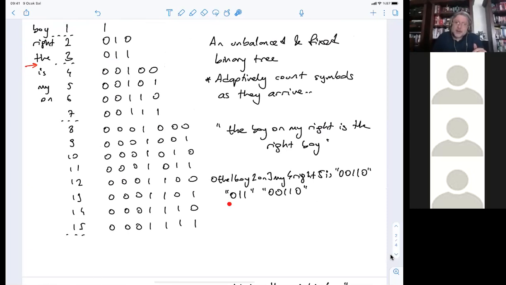Yes, under this. 011 was the representation of "right". In the position where, after "the" comes, so after encoding "the" here, now we want to encode "right", and "right" was already in the dictionary, and its representation, as far as I remember, was 011. Okay. That's why I put 011 for representing "right".